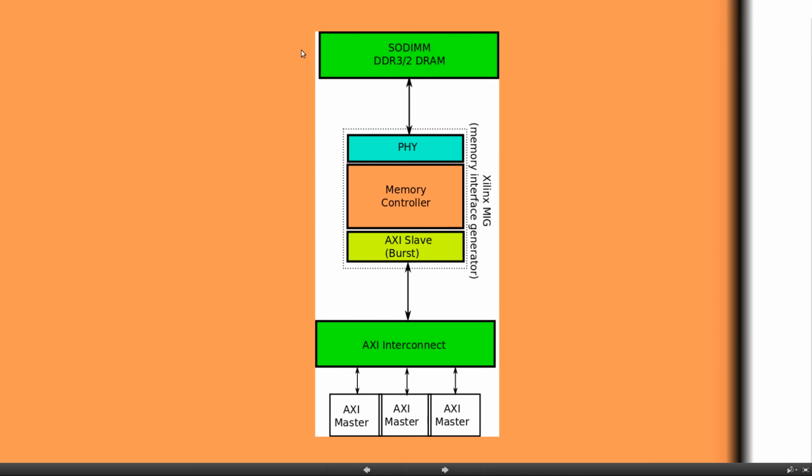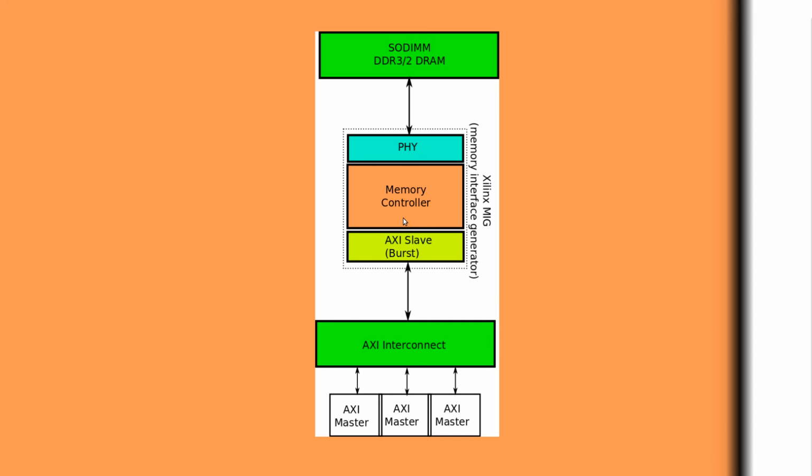So you have the DRAM module here, which is outside the FPGA, and then you have your entire DRAM controller. The first part is the AXI slave interface, and then the other part is the one doing the main scheduling of read and write operations based on the incoming AXI transactions.